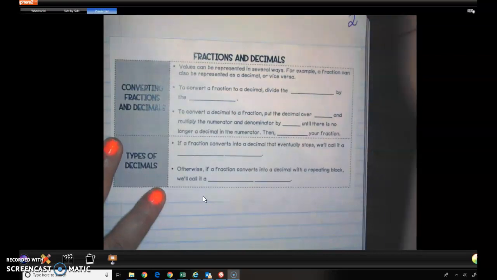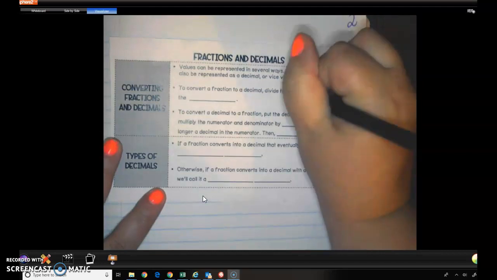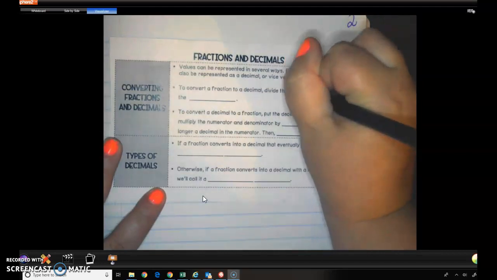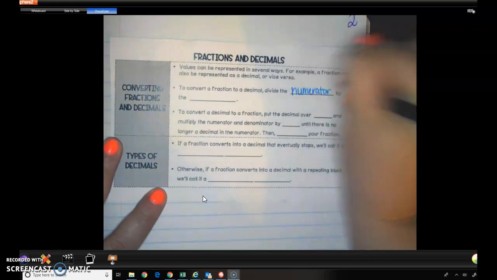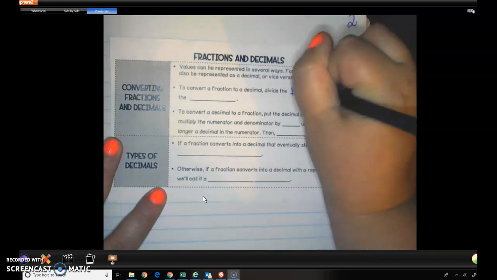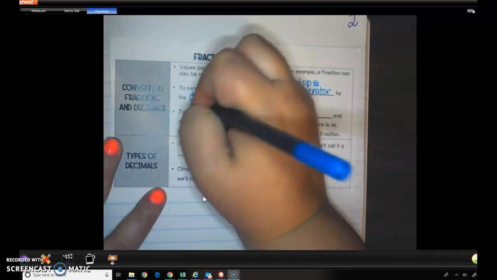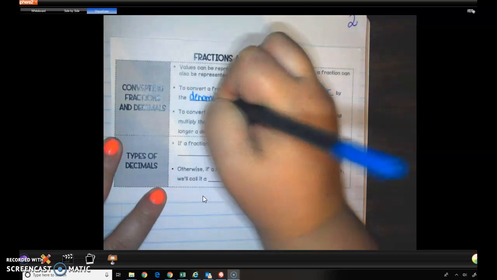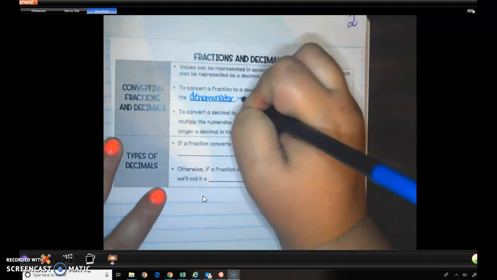Alright? To convert a fraction to a decimal, divide the numerator, which is our top number, by the denominator, the bottom number.